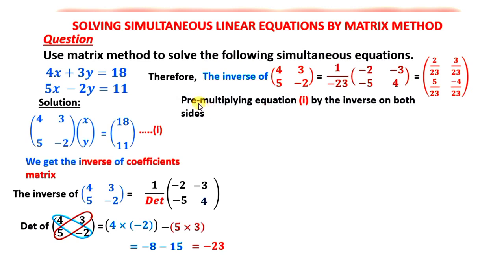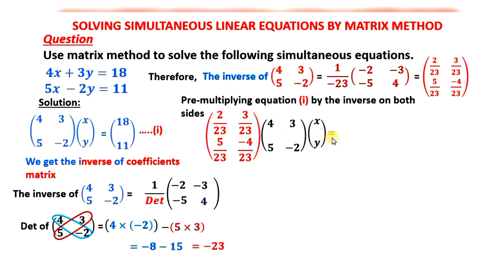The next thing, we are going to pre-multiply the left hand side and the right hand side of equation 1 by the inverse of the coefficients matrix. So we're going to have the inverse of the coefficients matrix pre-multiplying the left hand side, that is, it comes first and then the equation follows, that is 4, 3, 5, negative 2 for this matrix here, and then x, y.